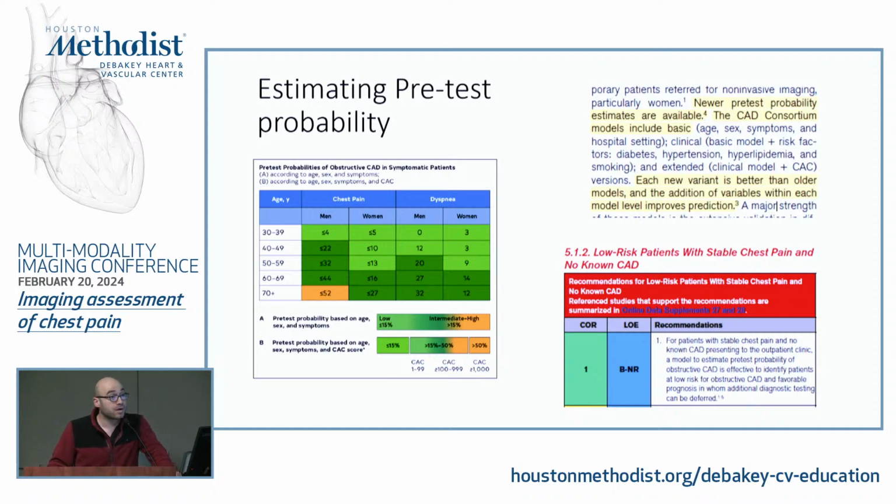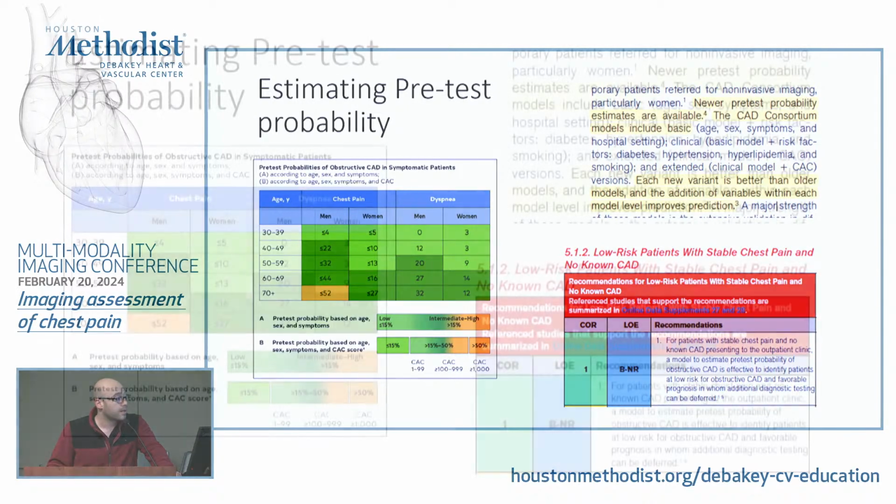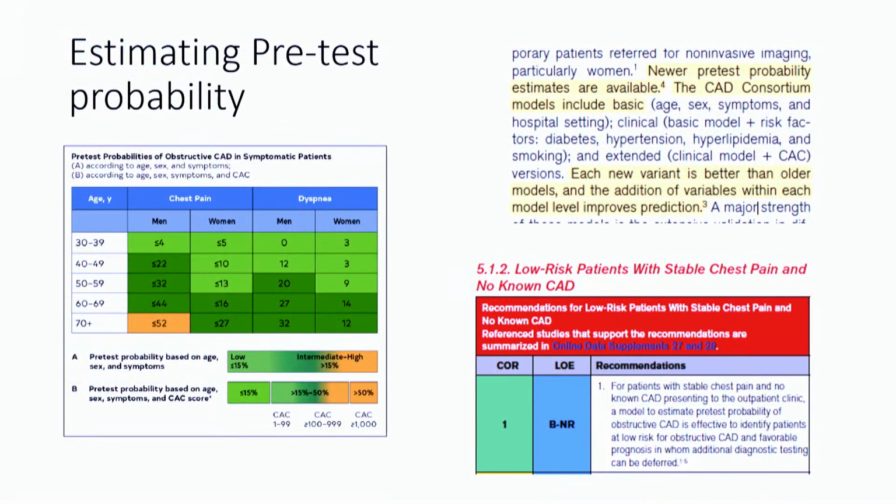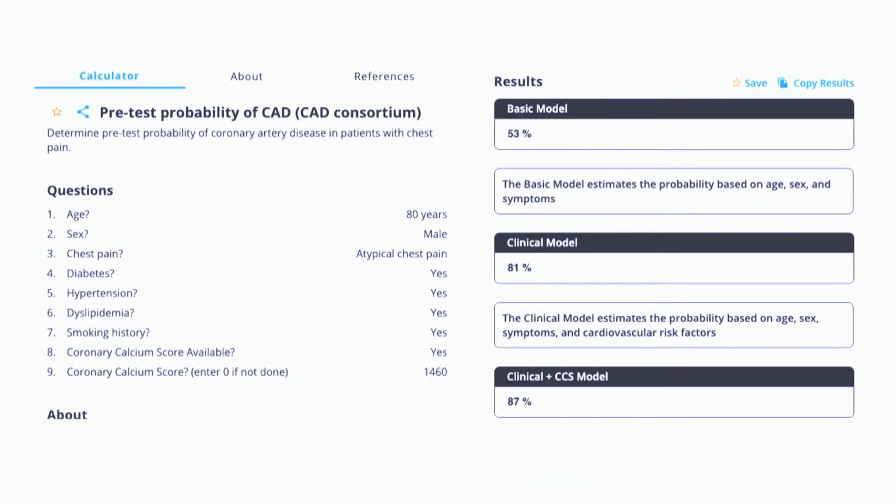When we look at a patient coming with chest pain, no known CAD, we have to stratify what the risk is. And I think the main message is if the risk is low, just treat medically and defer any testing. When it comes to intermediate and high risk, it's pretty much the same. Practically, I would say this 15%, you can look at this old model and stratify, but the new CAD consortium will probably give you a better idea.